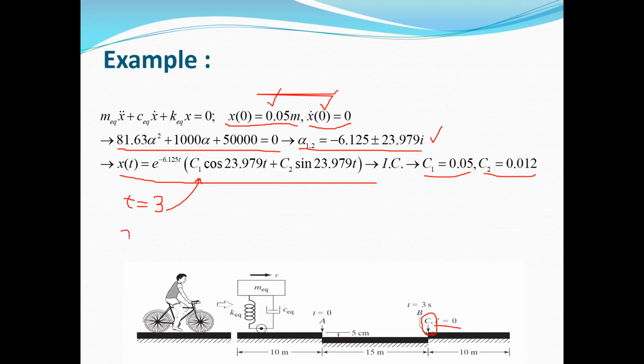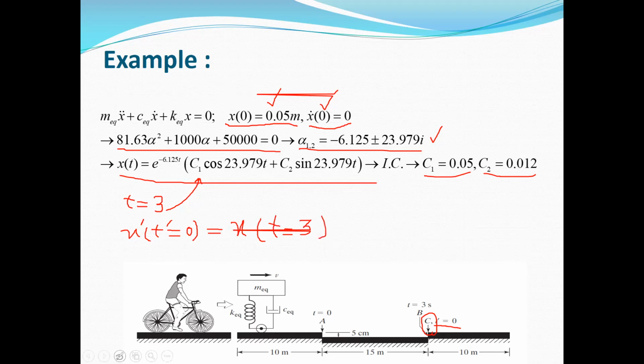So you will have some initial condition at t prime equal to 0. Of course, we need to define a new x, which we call x prime, equal to x at t equal to 3 seconds.